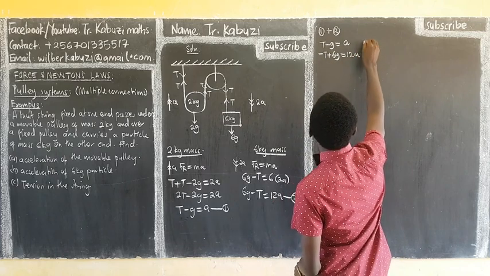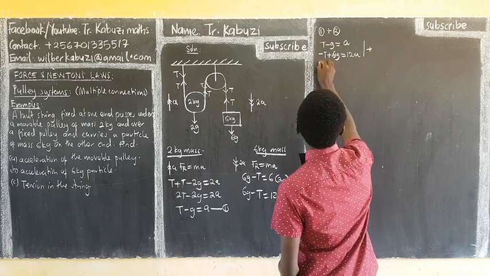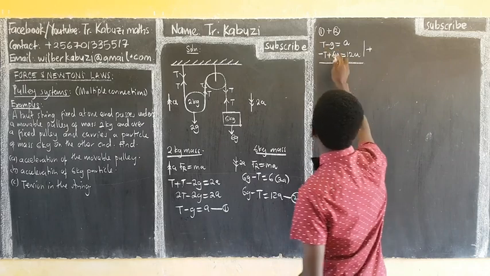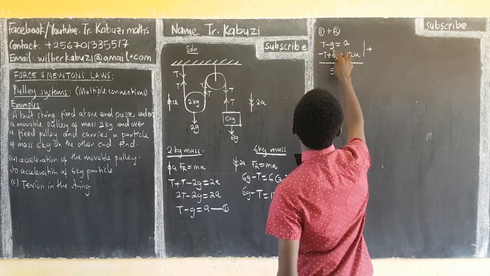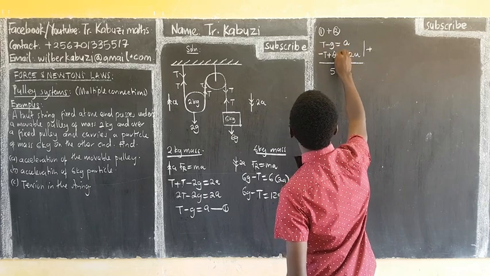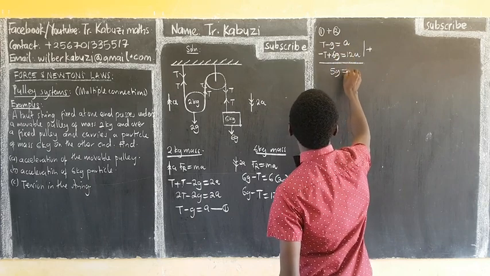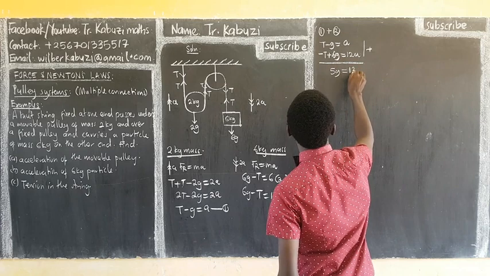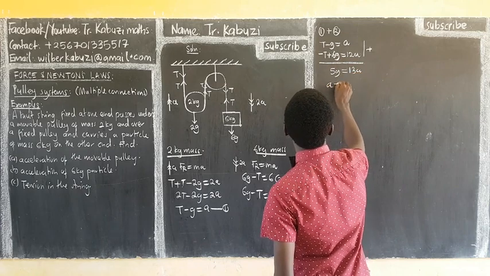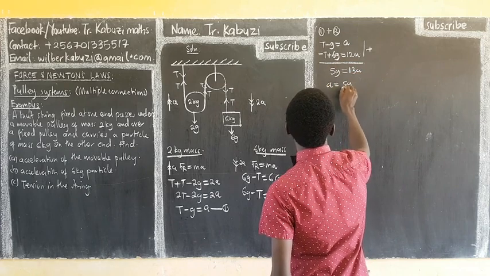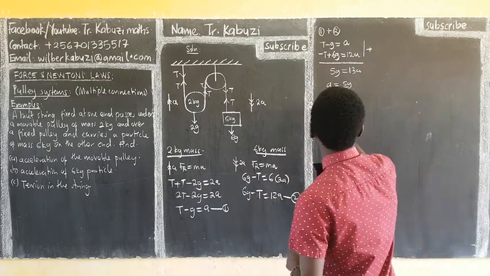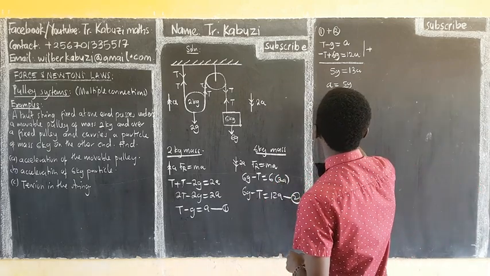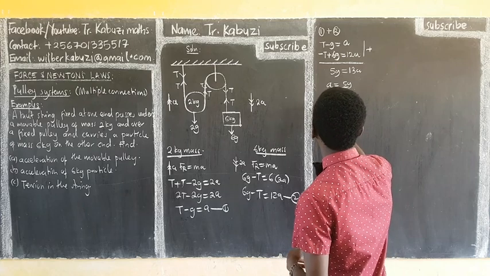So we add these two: this plus this gives 0, and this plus this gives 5g equals 13a. So our a is going to be 5g over 13, which we can substitute.